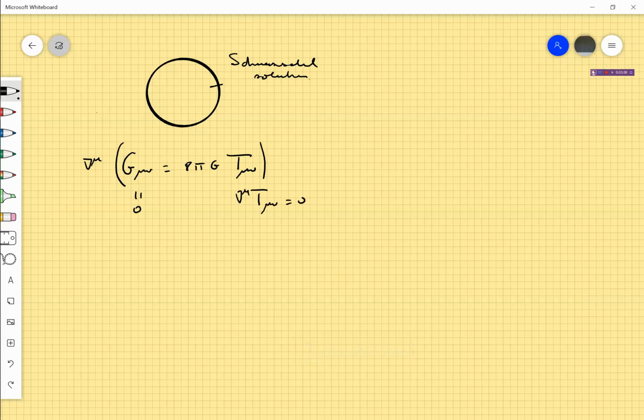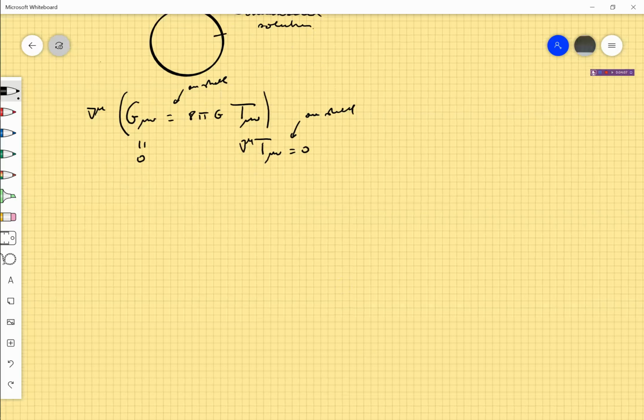We know that this is on shell, because this relation is on shell, and we found that this is proportional basically to the equations of motion of the matter fields. If there are no other matter fields, for instance if we are dealing with a perfect fluid, the condition that this is 0 is basically the definition of the equations of motion of the fluid.